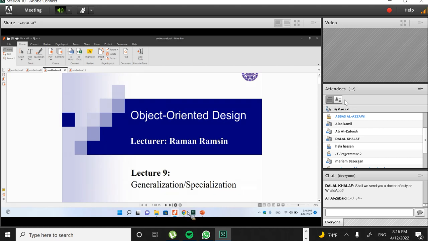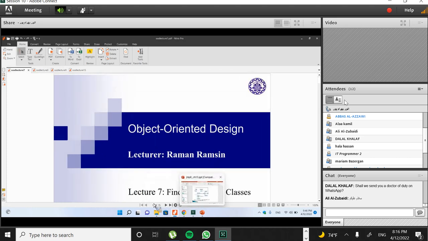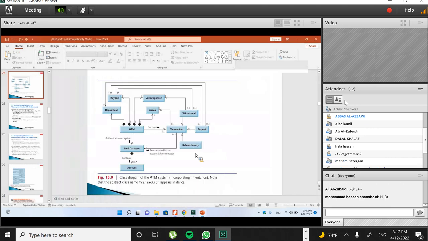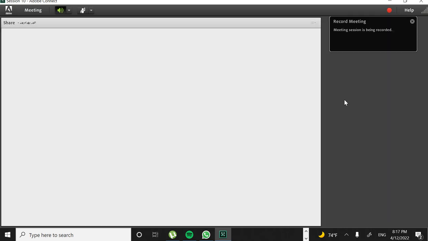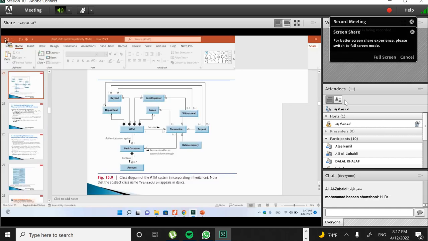So for now, you can select between implementing the ATM case study or starting the first lecture. If you have had enough attempt at the implementation, no problem.